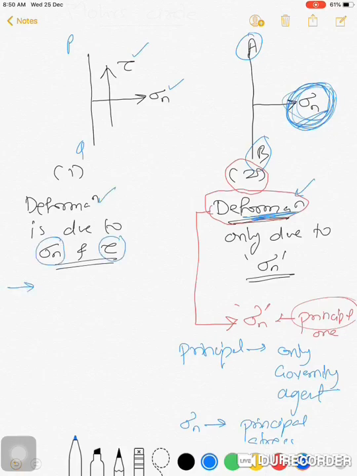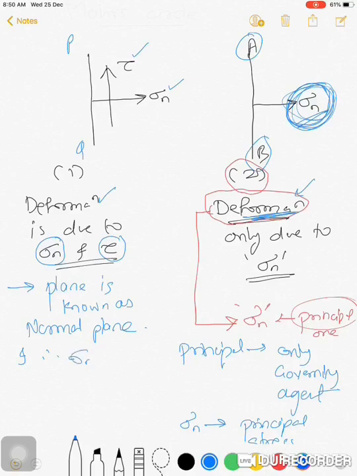In such a case, the plane is known as normal plane.